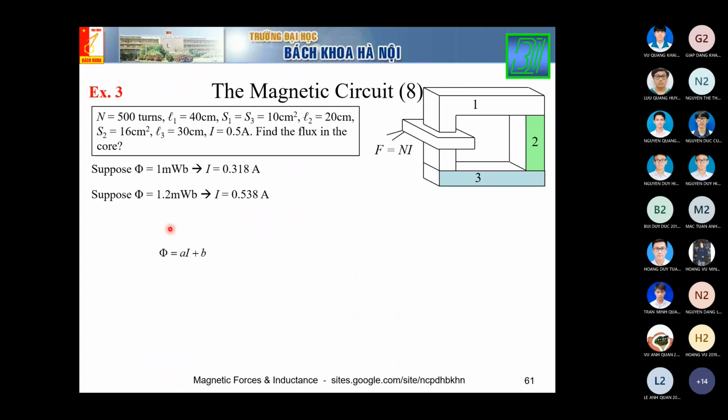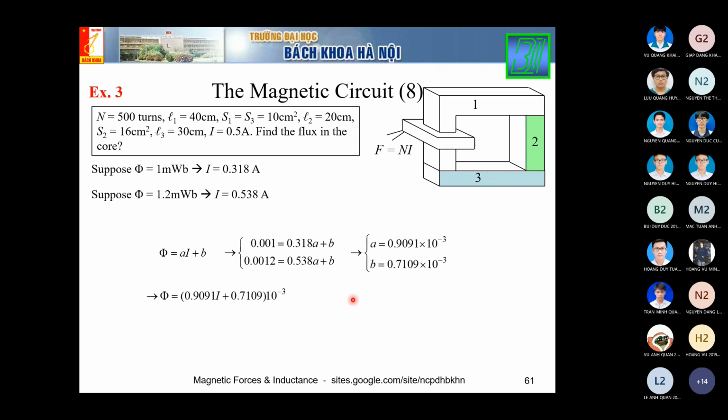And if you want to find this new relationship, we have to find out A and B. And we can do that relying on our two tries here. When phi is 1 milliweber, the current is 0.318. When phi is 1.2, the current is 0.538. So from here I think everybody can find the two coefficients.